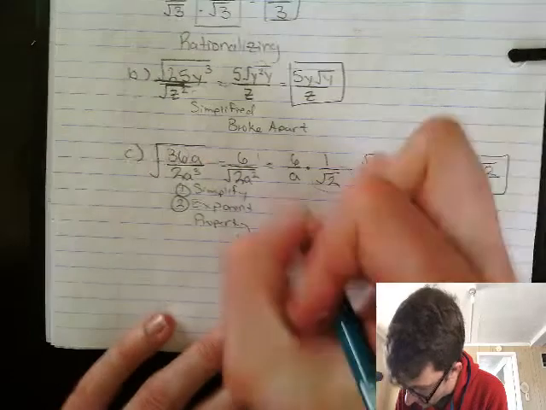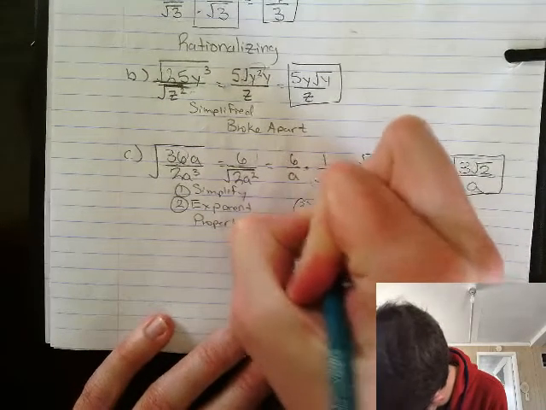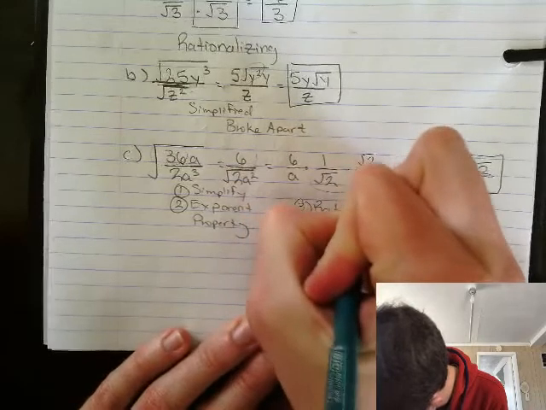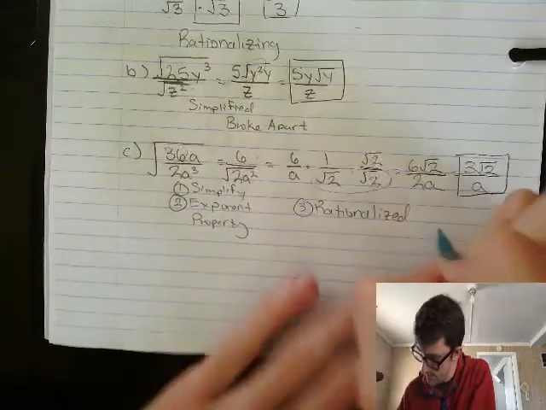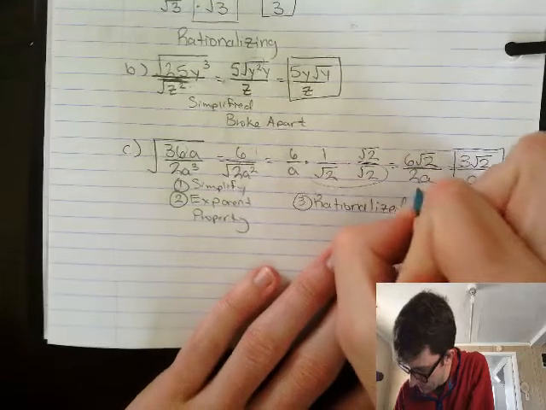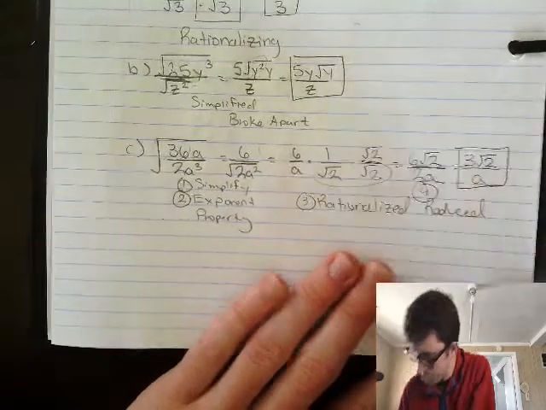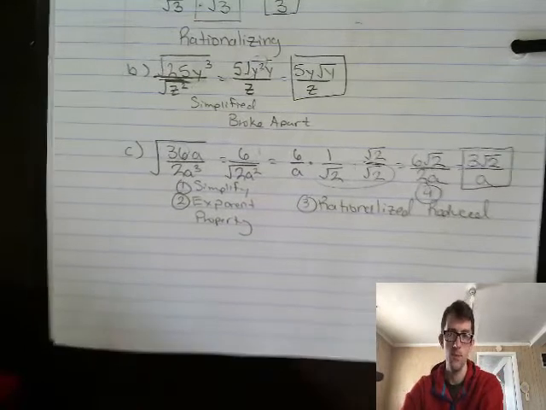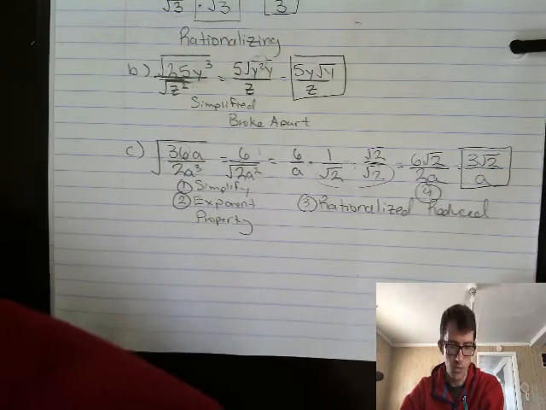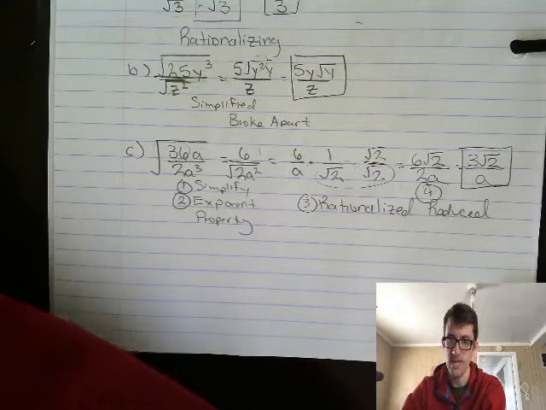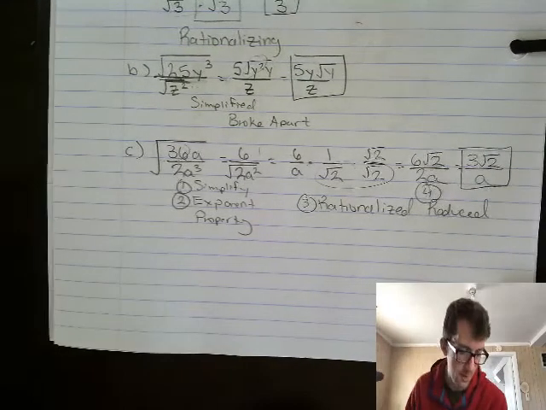So once we did that, and we're obviously kind of simplifying all along the way, then after we did this, we rationalized, and then we reduced. Okay, because we did 6 divided by 2, it gave us 3.